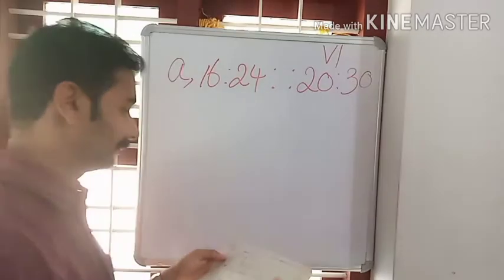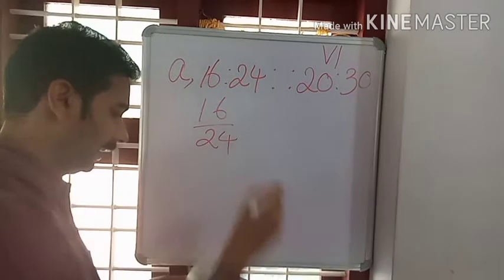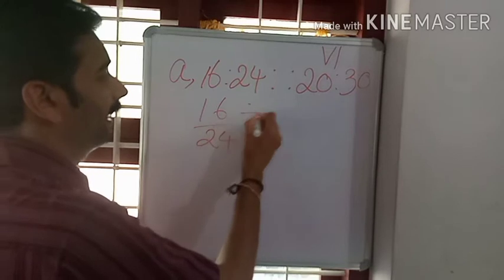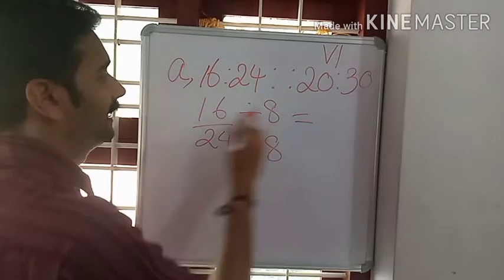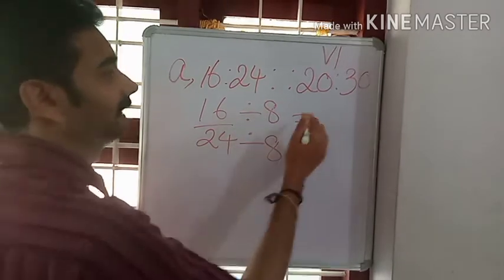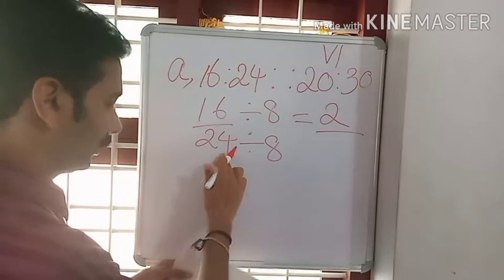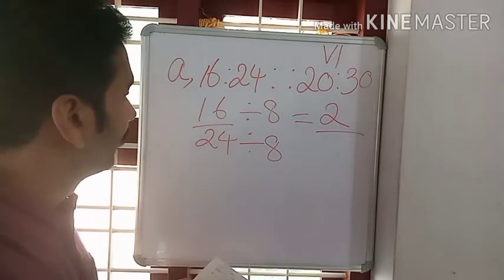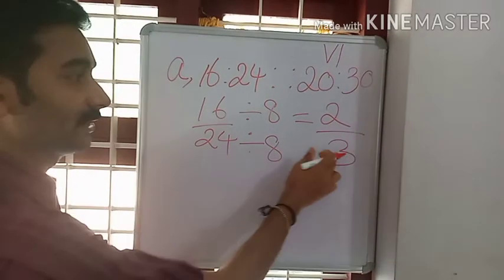First we write 16 upon 24. It is divisible by 8. 16 divided by 8 is 2, 24 divided by 8 is 3. Result is 2 upon 3.